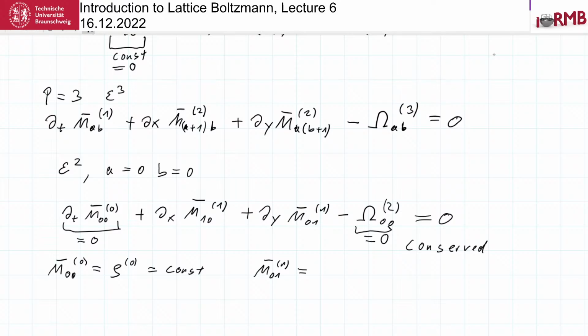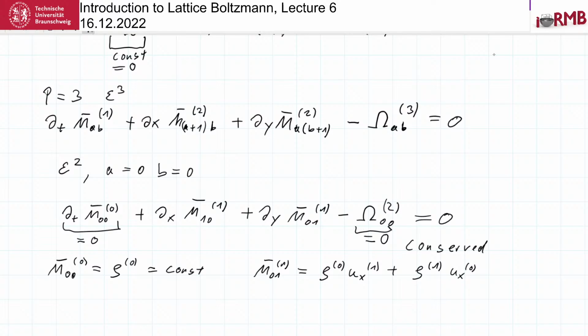But we have to take into consideration that we have to distribute this order 1, because it's not the velocity, it's the momentum. So it's rho times u, and rho times u could be rho 0 times ux1 plus rho 1 ux0, okay?